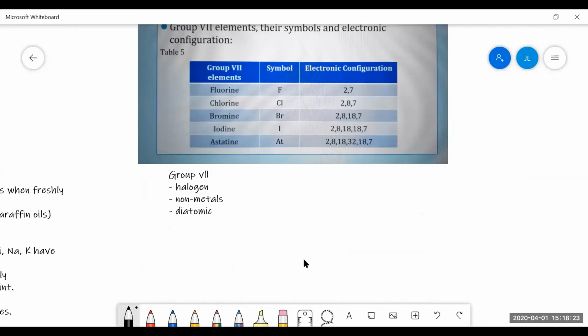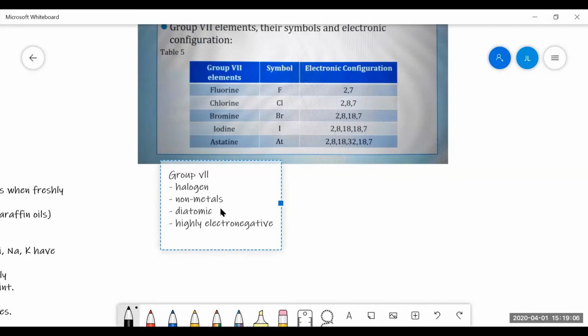They are highly electronegative. Highly electronegative means it is very reactive in receiving electrons from other atoms. So electronegativity decreases. We'll look at the trend later on.